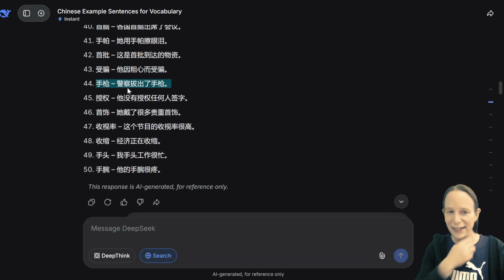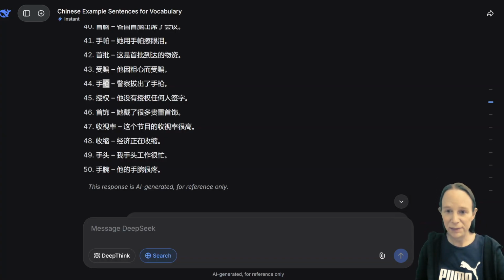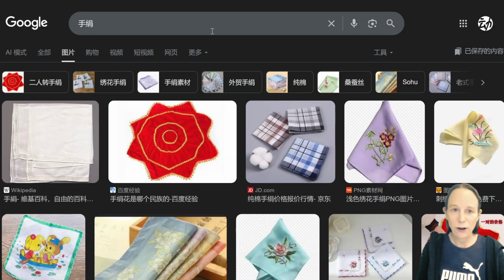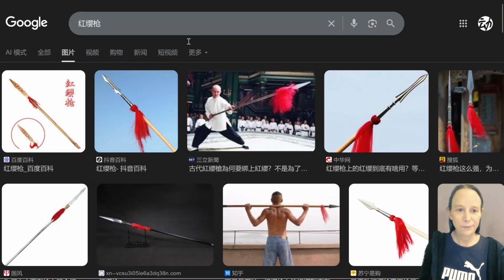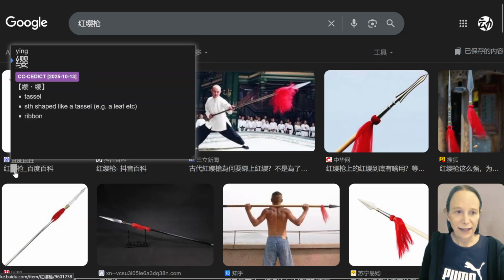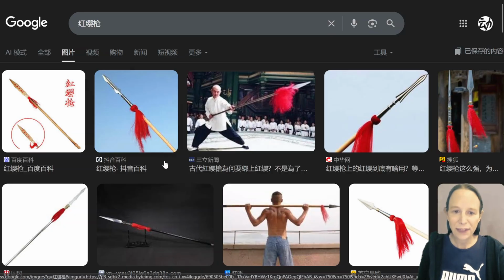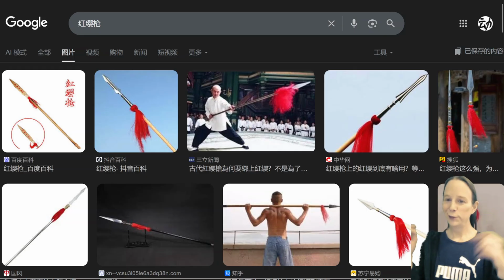Okay. Another easy one. 手枪. Okay, so 枪 historically meant spear in China, and it still means spear. Yeah, 红缨枪. This is Jet Li, Li Lianjie. So, Chinese culture.